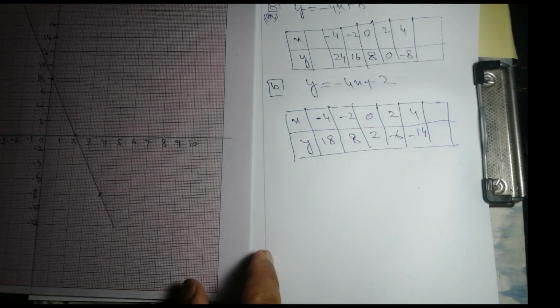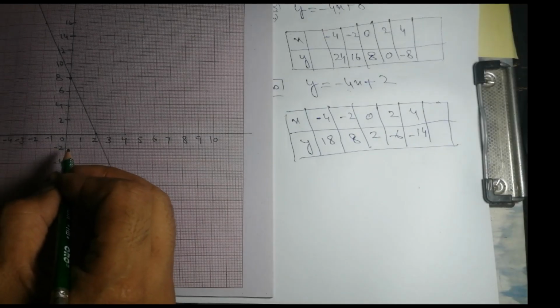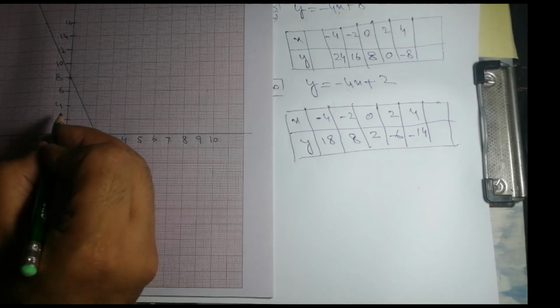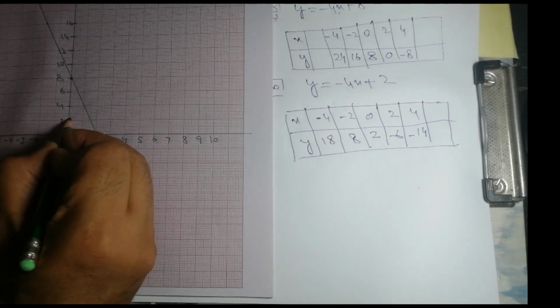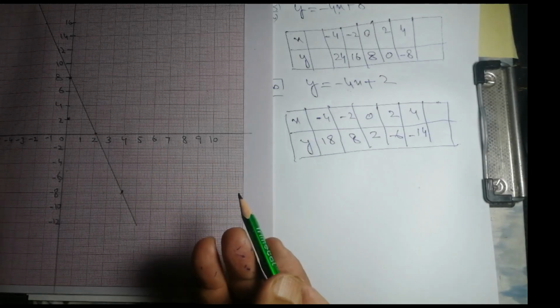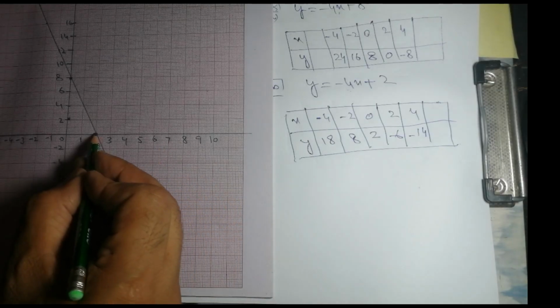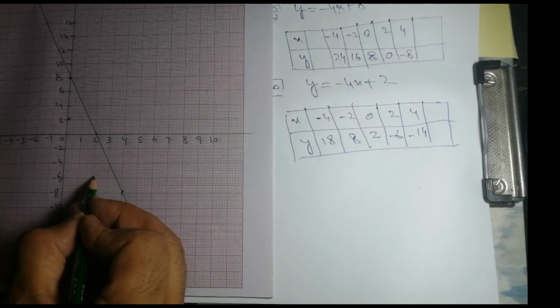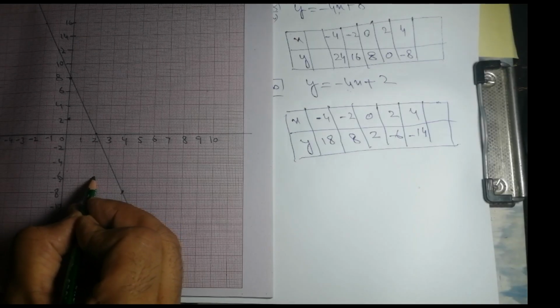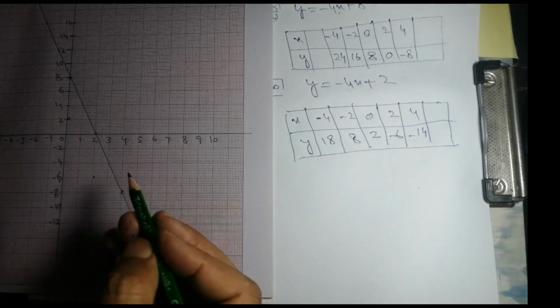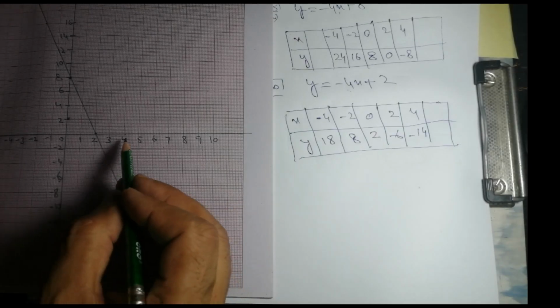And now draw the points. 0, 2: x is 0 and y is 2, this point. And then 2 and -6, 2 is this one and -6 is this one. And 4, -14: x is 4 and -14 is here, this one.